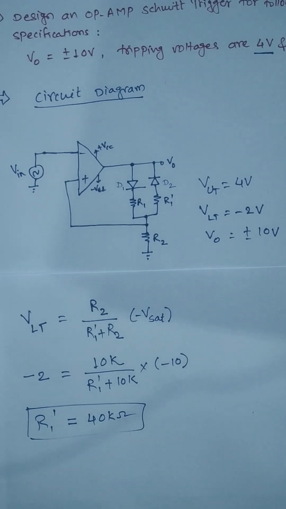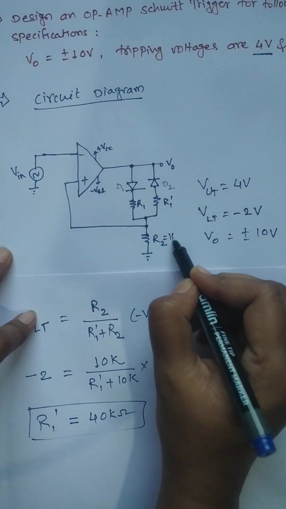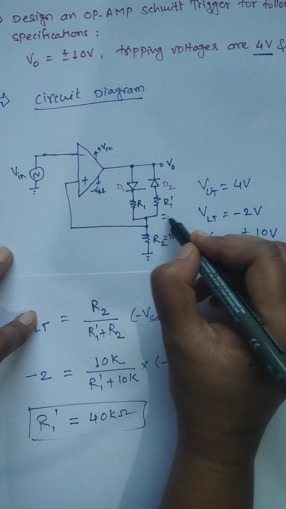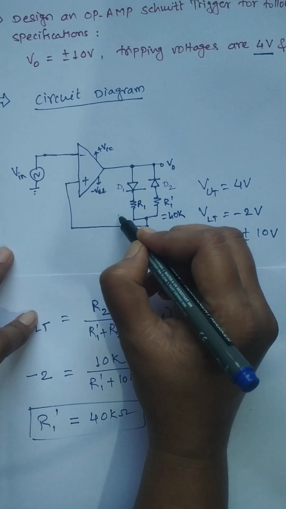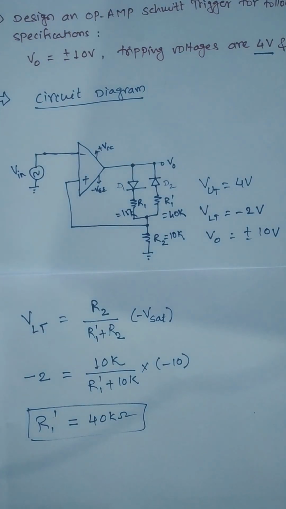So this is all about the design of the asked question, where the R2 value we have calculated is 10k, R1 dash we obtained 40k, and R1 we obtained as 15k. Hope you understood. Thank you.